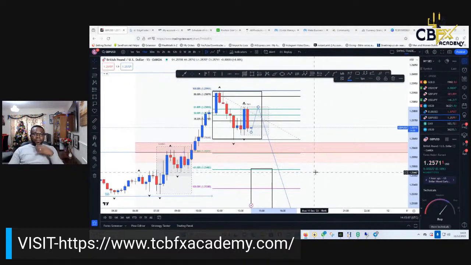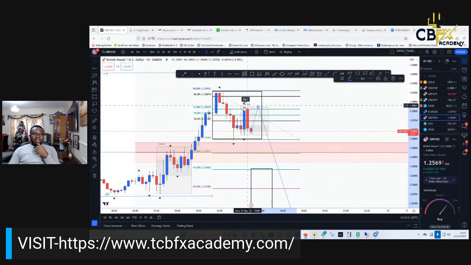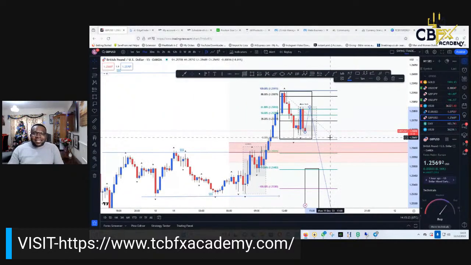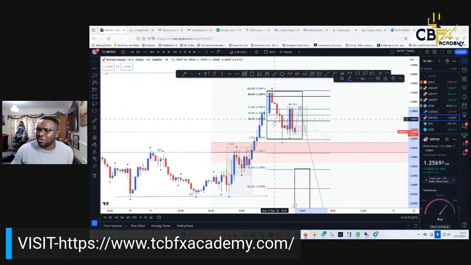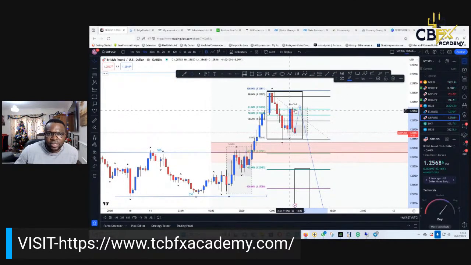Okay, watch this candle now. Now you can see there is an internal fractal, internal liquidity. Did you see this internal liquidity up here? That's the one.